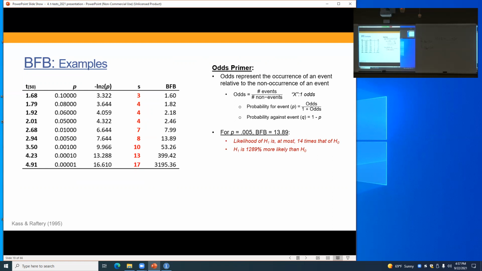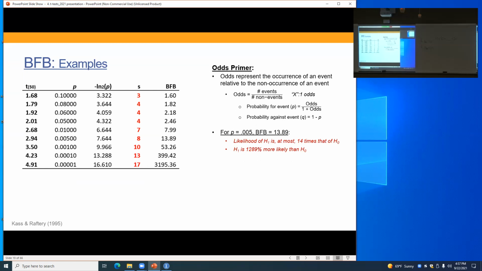So we would say the likelihood of our alternative hypothesis is at most about 14 times that of the null. That's pretty good, right? If we go down to 0.05, we would say the likelihood of the alternate hypothesis is about 2.5 times that of the null hypothesis. That starts to put things in perspective.